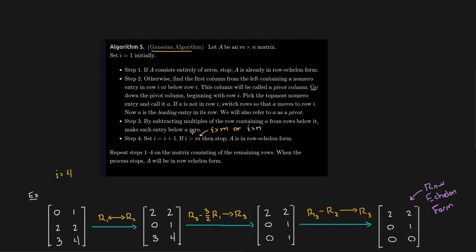But the utility of the algorithm, why the algorithm is useful, is that because there is an algorithm, we can teach a computer how to do the Gaussian elimination steps. We can tell a computer to do the Gaussian algorithm, and it can find a matrix in row echelon form.